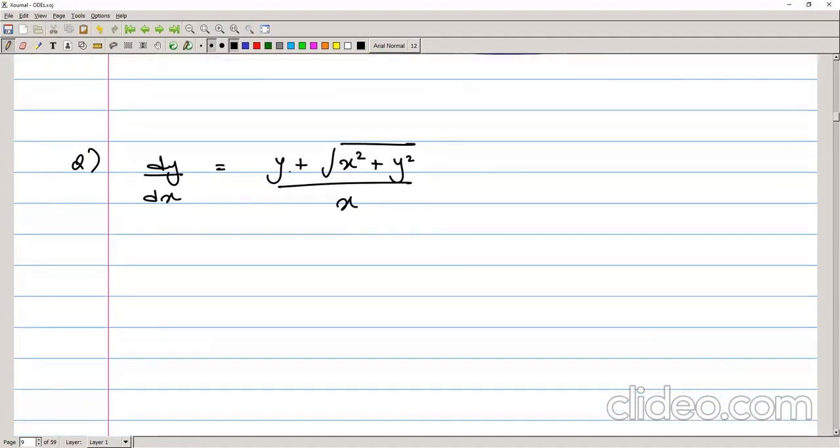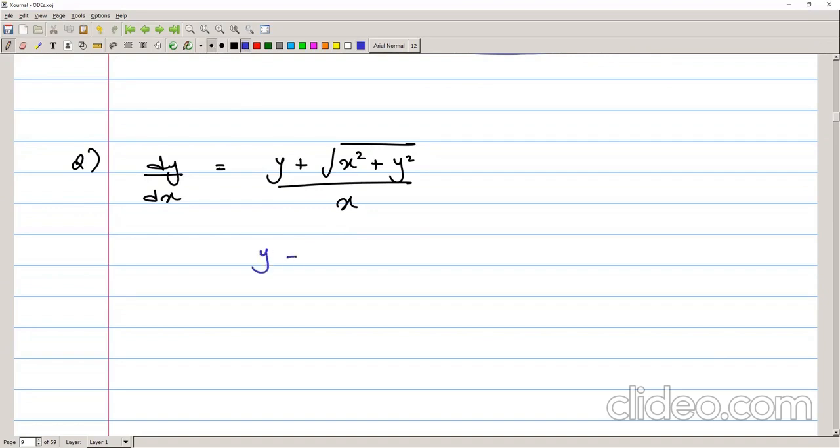Now we can see here that the power of y is 1 and the power of x is 1, and the power of x and y is 2 in the square root. So it's fine. Again, we can work here.